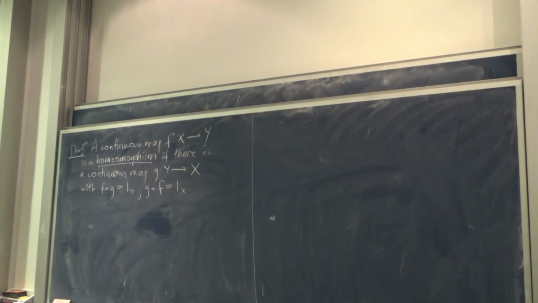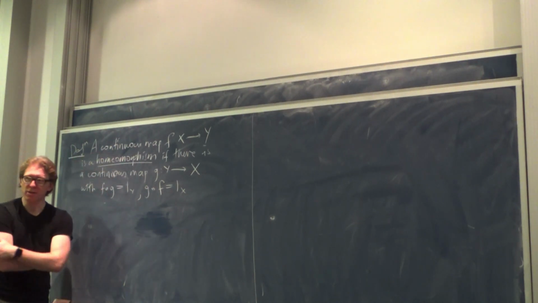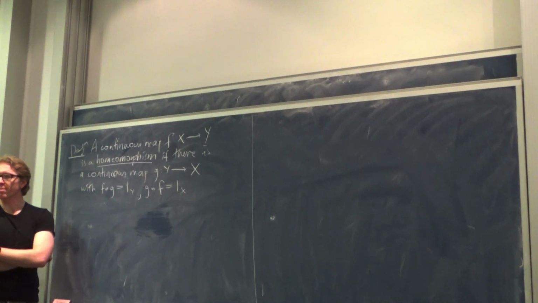Right? That's the same statement. It's not the same. I mean, you may be used to a situation with, say, groups where a homomorphism of groups was an isomorphism if and only if it was a bijection. Right? That's not true here. So it's certainly possible for a continuous map to be a bijection, but not a homeomorphism.